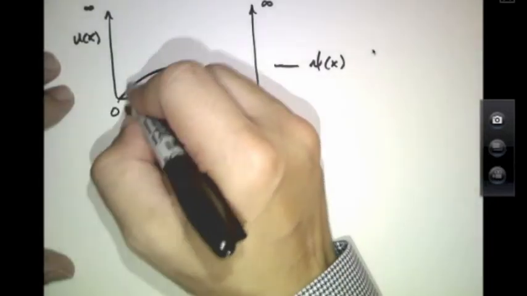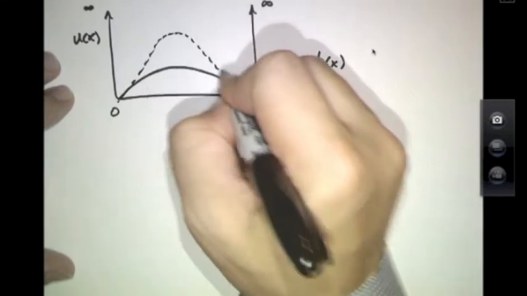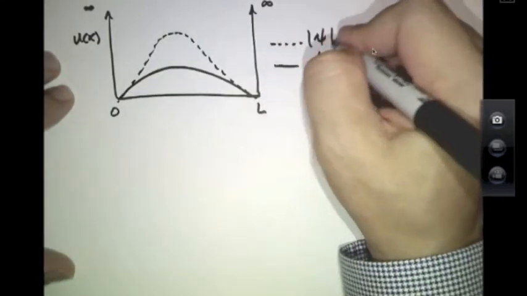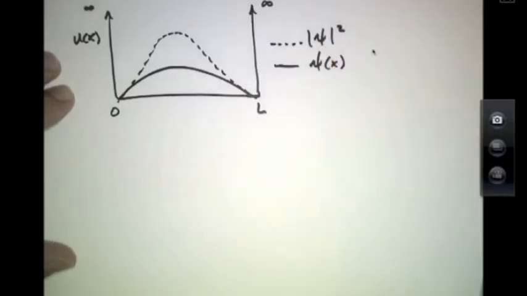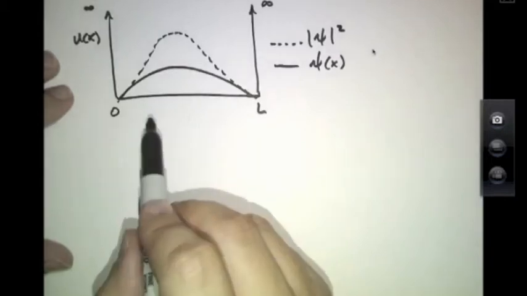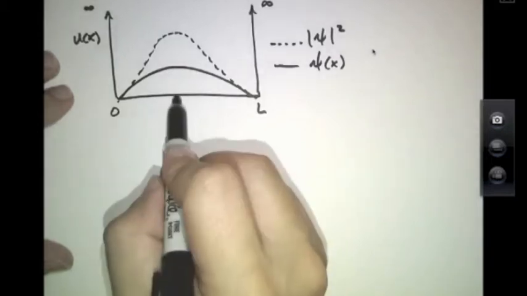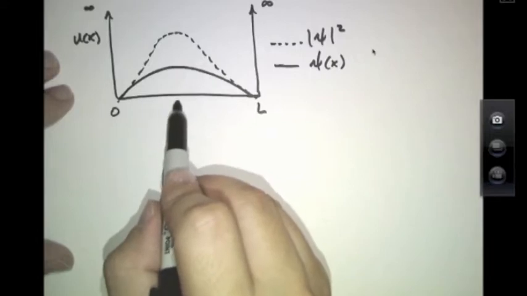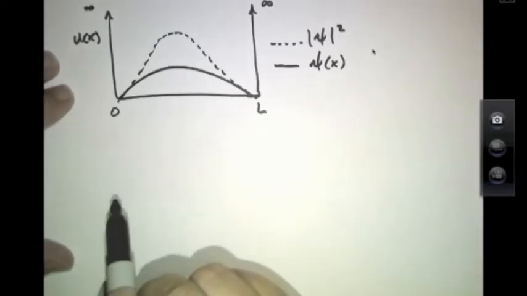But the probability density is going to look a little bit more sharply peaked because it's the square. And if I think about only the first quarter of this region, well, the probability of this particle being between 0 and L over 2, that does look like a half, just eyeballing what that function looks like.